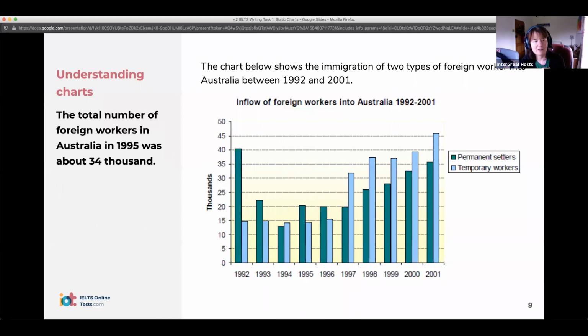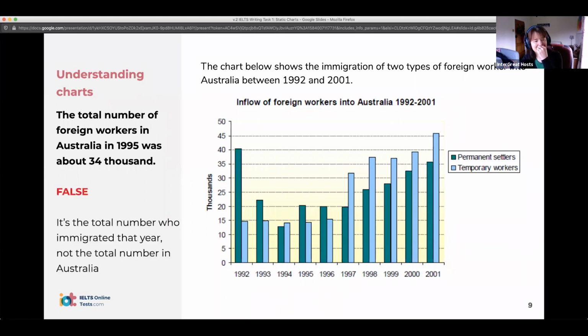Okay, let's have a look at the next one. So we're looking at 1995. We're looking at the total number of foreign workers in 1995. Okay, this is a bit tricky. The number's right, but it's the number that immigrated, not the number that were in the country.